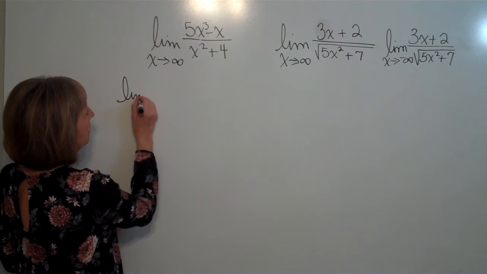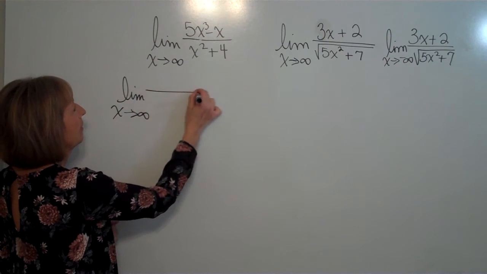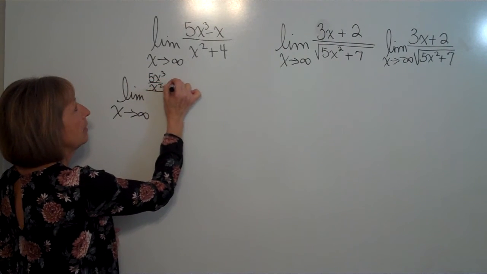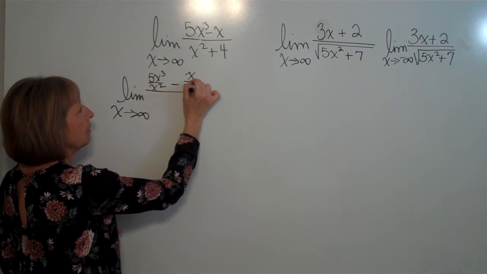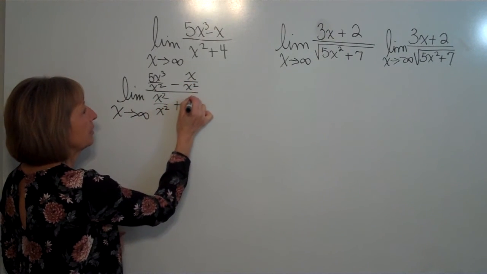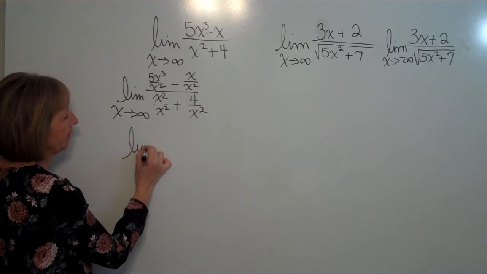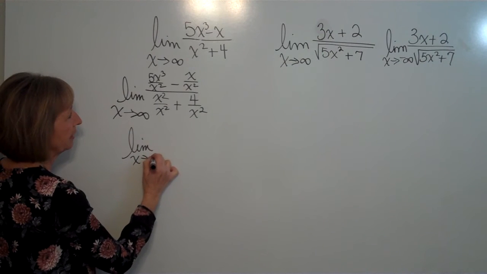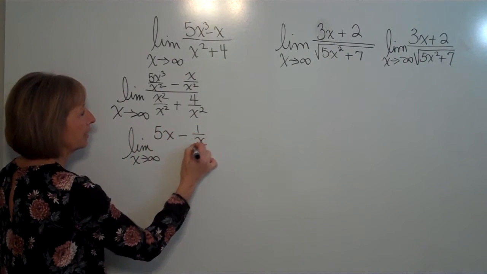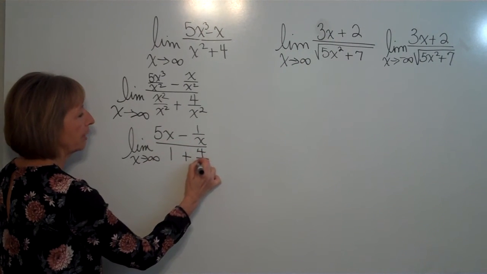So this is the limit as x approaches infinity of 5x cubed over x squared minus x over x squared, and then x squared over x squared plus 4 over x squared. Now simplifying that, the limit as x approaches infinity of 5x minus 1 over x over 1 plus 4 over x squared.